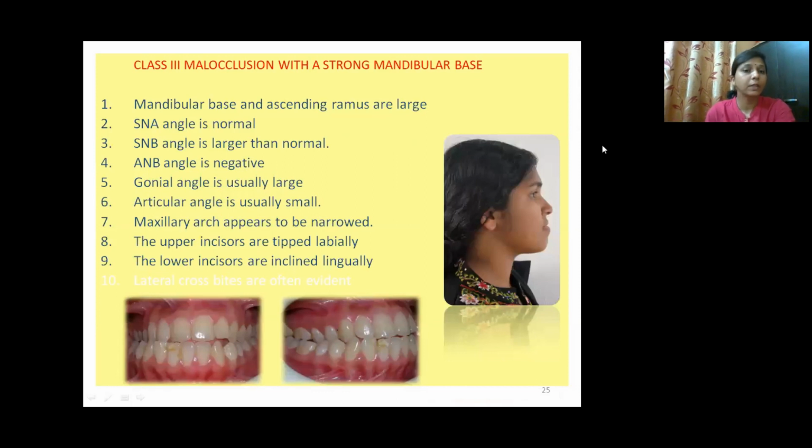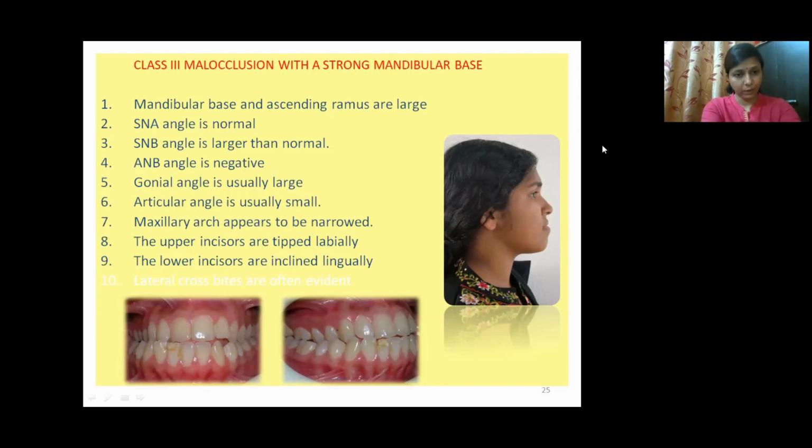Secondly, if this class 3 malocclusion is due to a strong mandibular base, that is, the problem lies in the mandible itself, then cephalometric findings will show a large mandibular base and the ascending ramus will also be large. In these cases, the SN angle may be normal, SNB is larger than normal, ANB is negative, and the gonial angle is usually large.